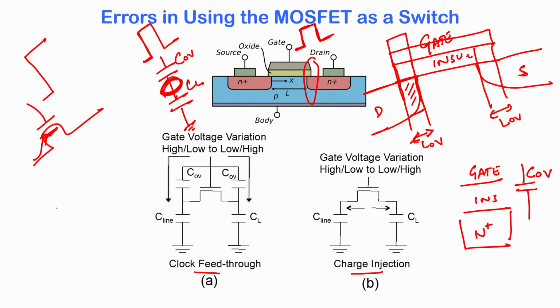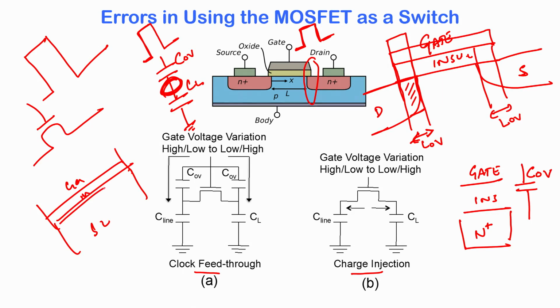and the moment the gate voltage goes off, the inversion layer has to disappear. So, you have the gate, insulator, semiconductor, and you have a lot of inversion layer charge sitting here, and the moment the gate switches off, this inversion layer charge has to leave this place. Now, where does the inversion layer charge go back?